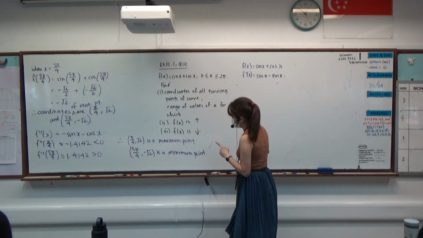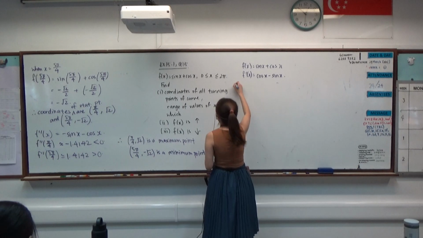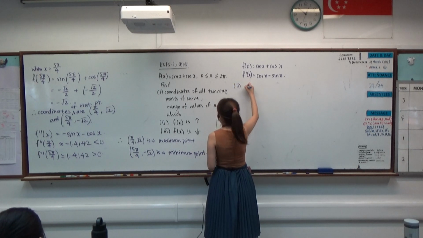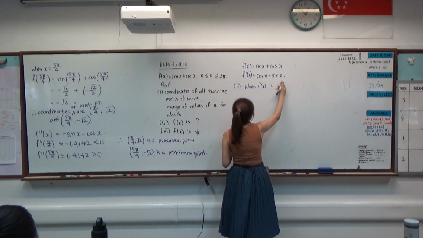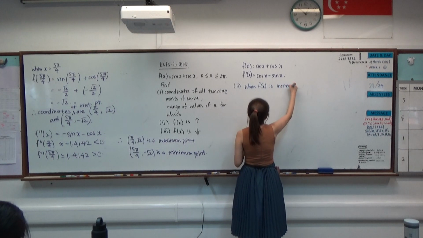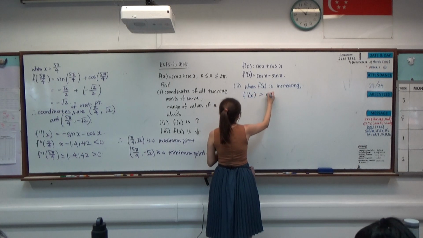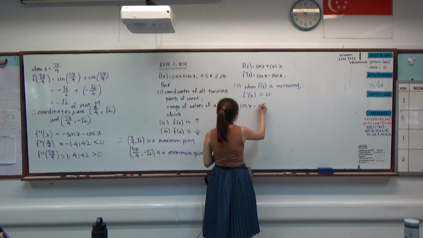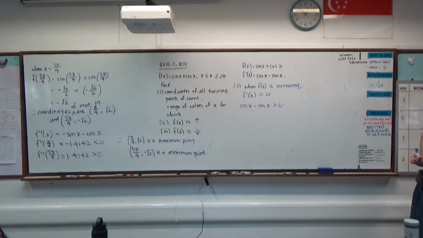Okay, so our aim is to find the range of values of x. So cosine x minus sine x more than 0. And then we got a problem, how to find the value of x.